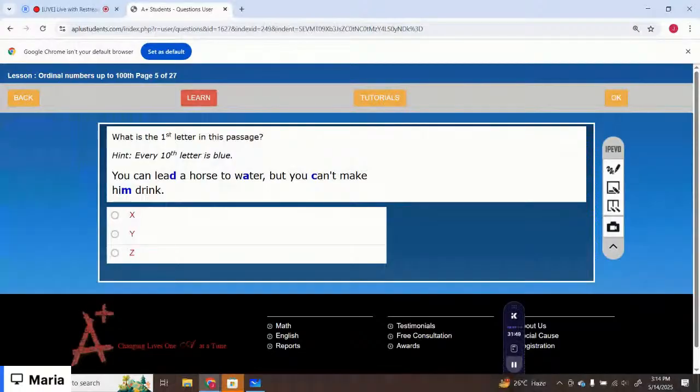What is the first letter in the passage? So which is the correct option?